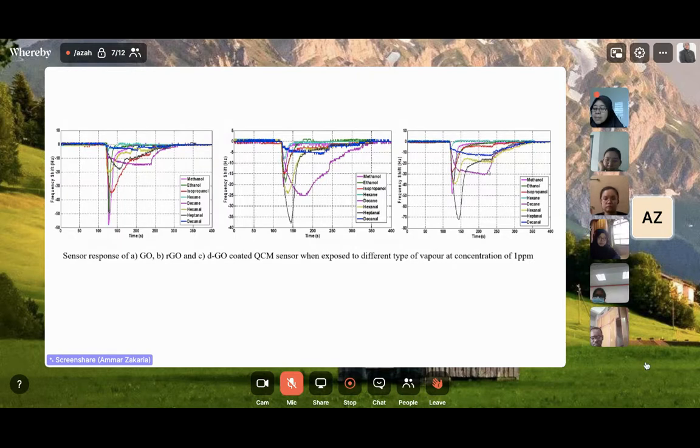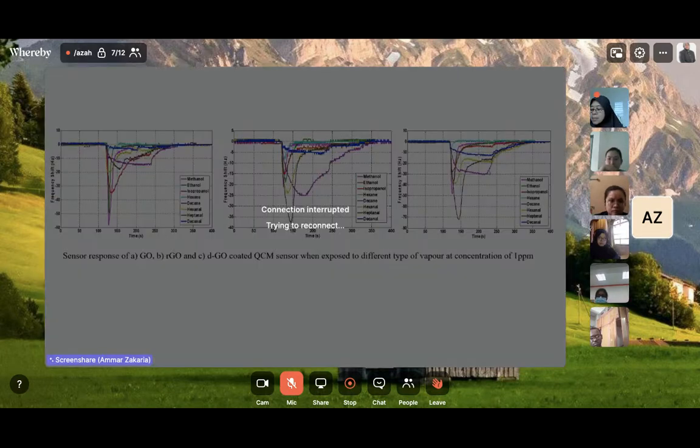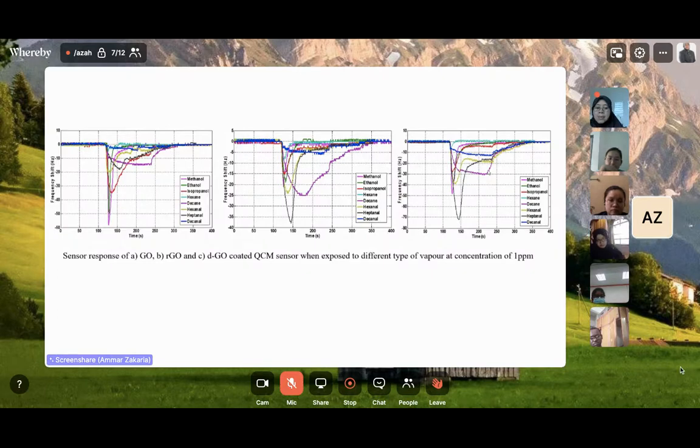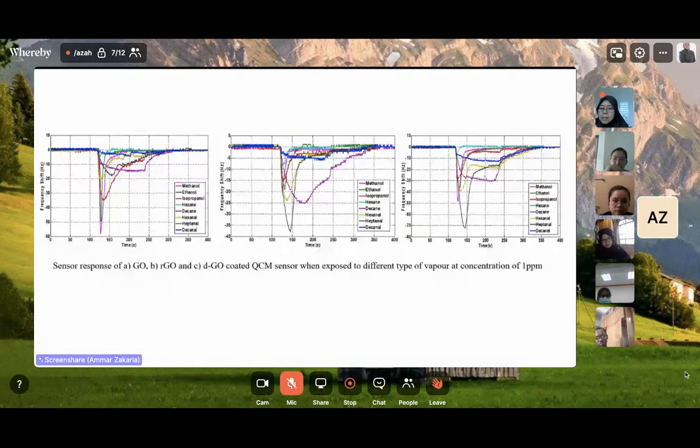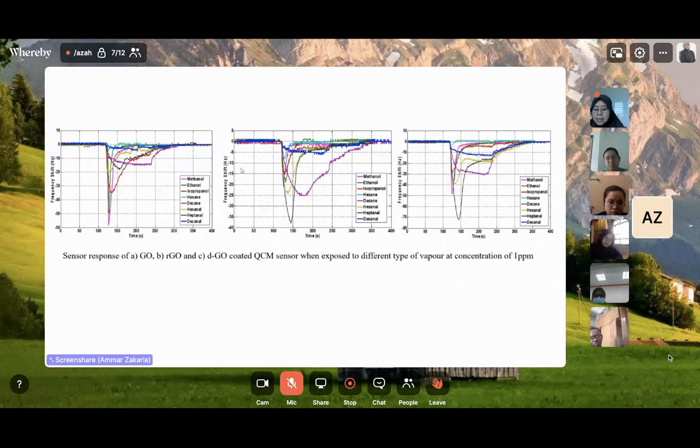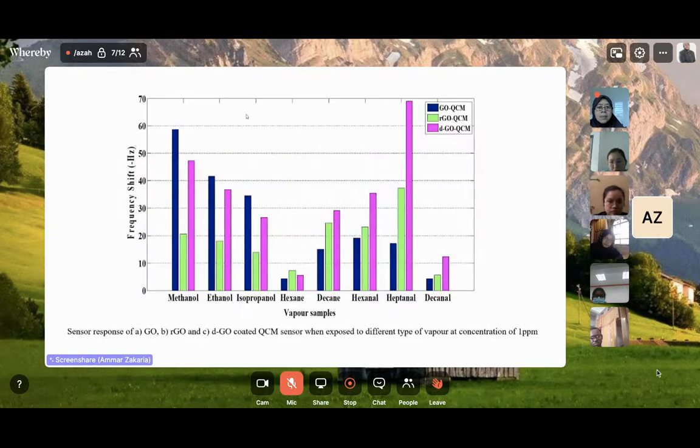Right? So when you have this pattern, you can submit it to the machine learning, and it can predict for you which component or which chemical. You will get this kind of graph, right? Okay. Let's say you have three sensors, right?